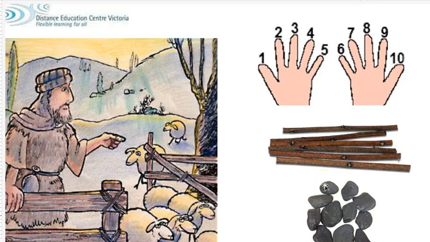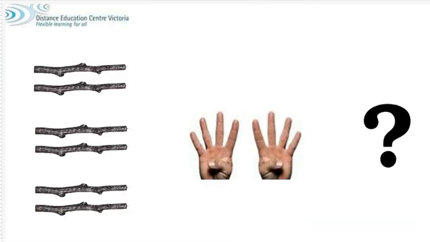So at the end of the day, if they had 123 sheep, they would have known that they were all safely in their pens for the night. So the number system is in groups of 10 because we have 10 fingers, so it's easy for us to keep the count. Let's have a look at how many sheep might have come through the gate today.